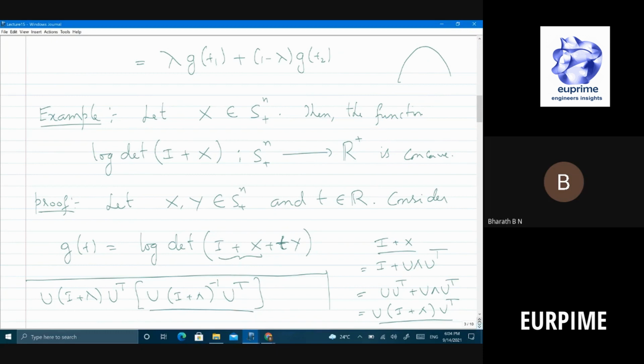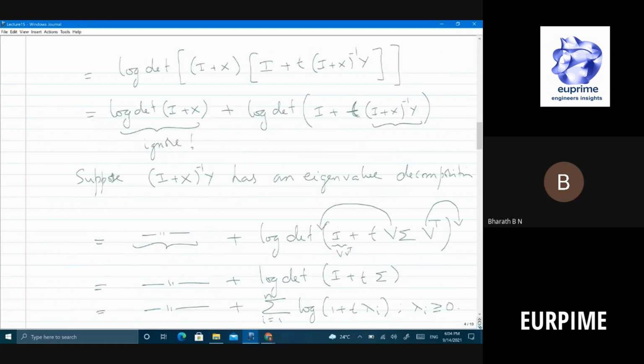There is a small issue here. Did you get a chance to look at this and figure out what the issue is with the proof? Well, what did we assume? x and y are positive semi-definite, symmetric, all that is great.